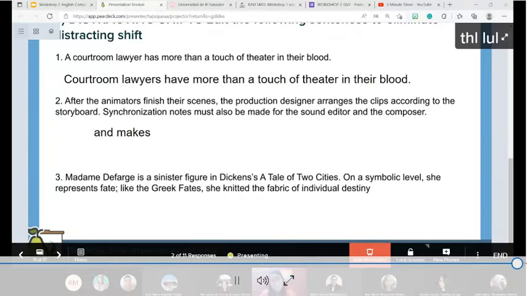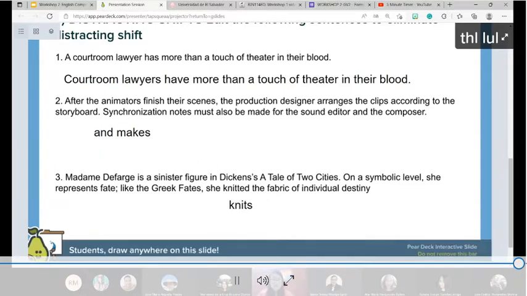What does she do? She knits. She represents fate. She knits the fabric of individual destiny. That is a distracting shift.